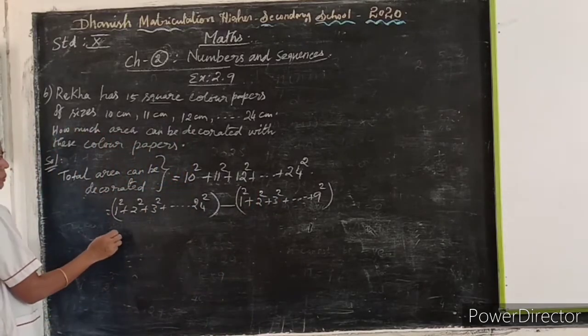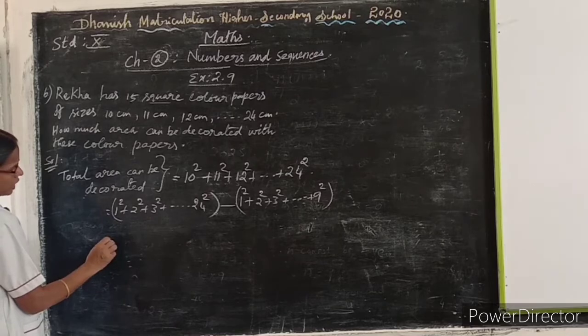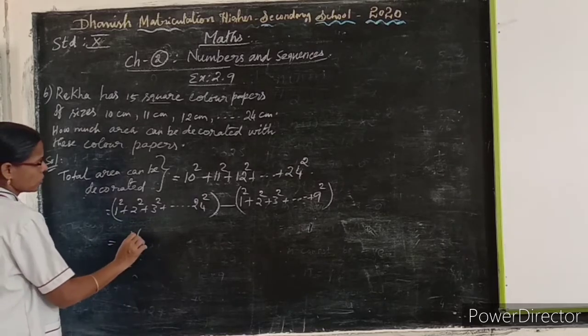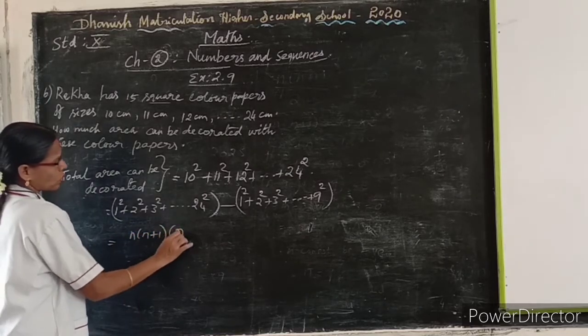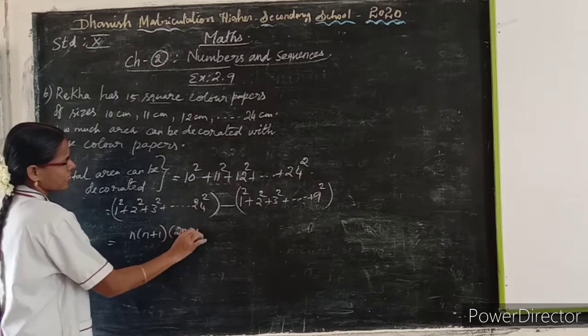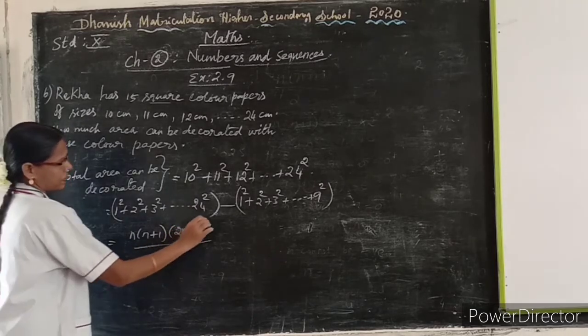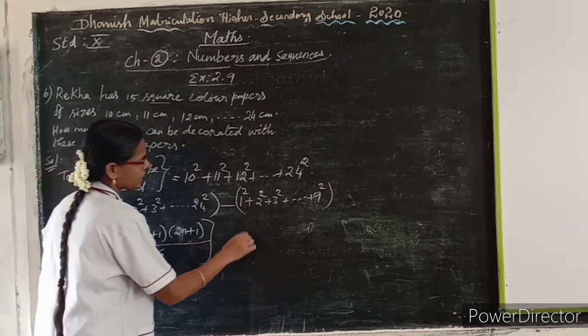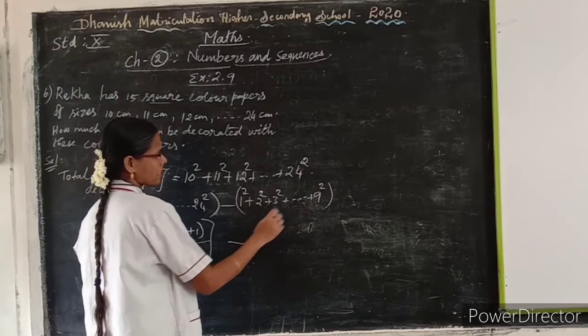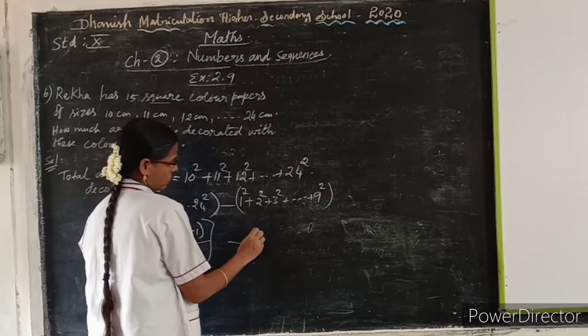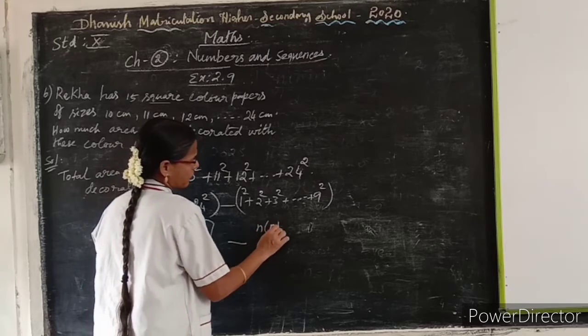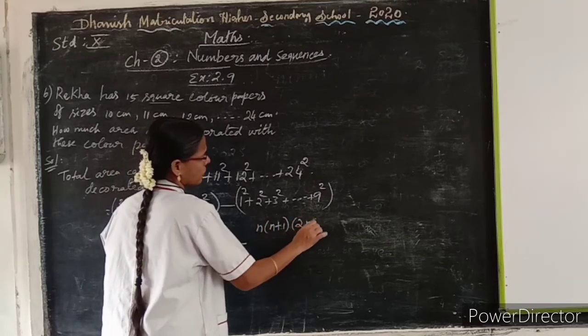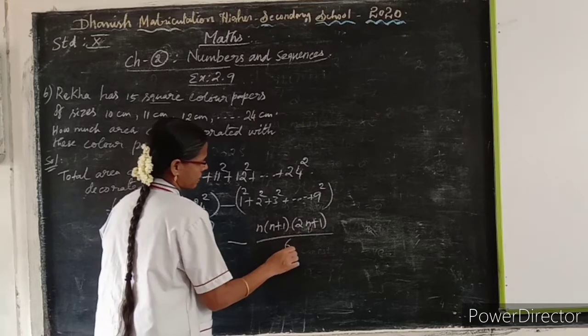The formula for the sum of squares of first n natural numbers is n into (n plus 1) into (2n plus 1) by 6. Minus, here also the sum of squares of first n natural numbers, so the same formula.